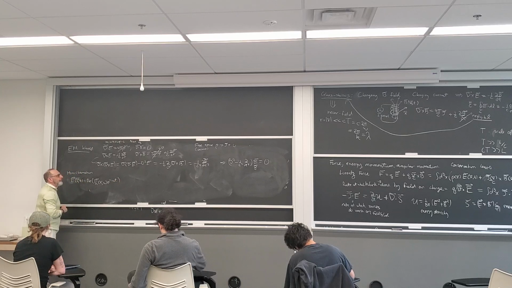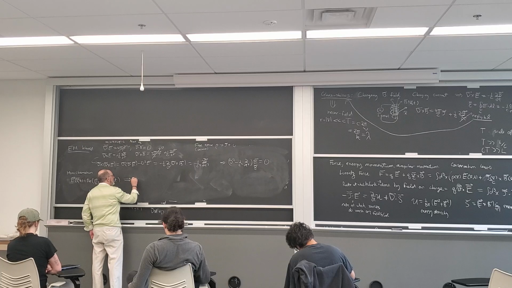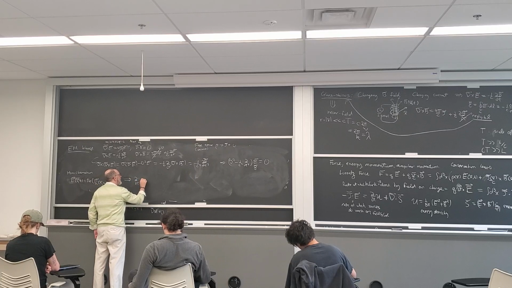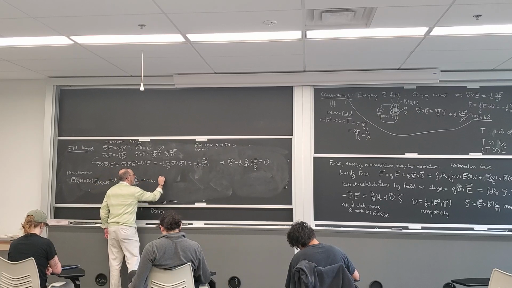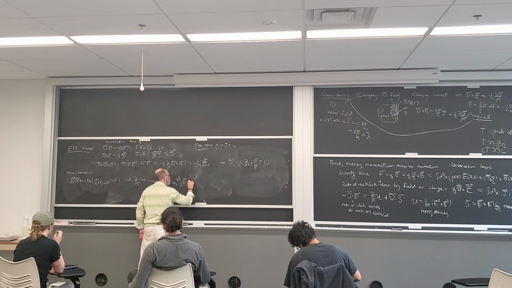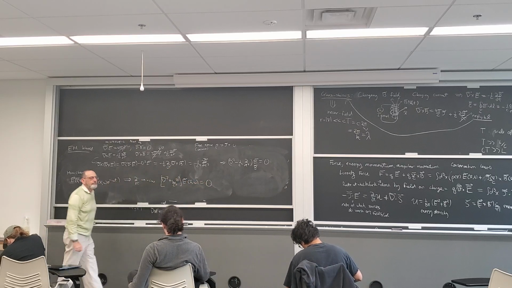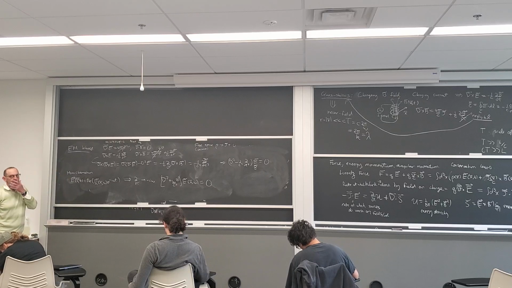And similarly for B. Which tells us every time we see a d by dt, we replace that by minus i omega, and that gives us that. Okay. And similarly for B.